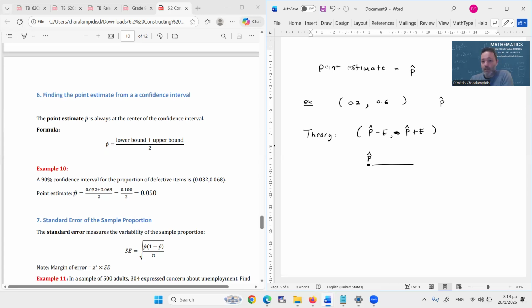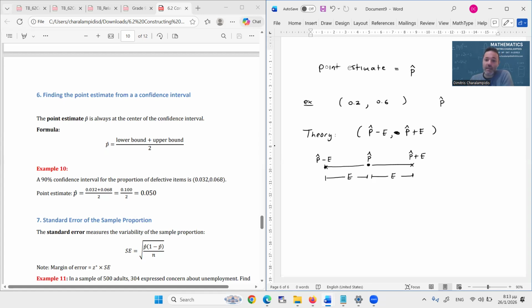At the right, we have p hat plus E, and at the left, we have p hat minus E. We can see that there is a distance equal to one margin of error on both ends.